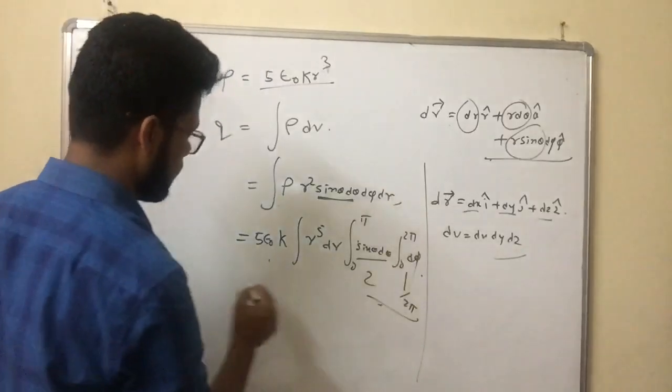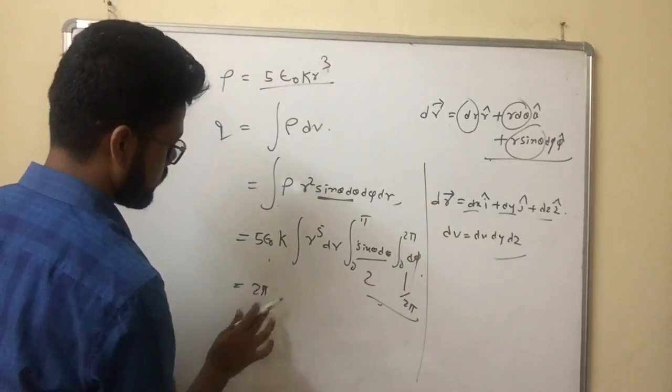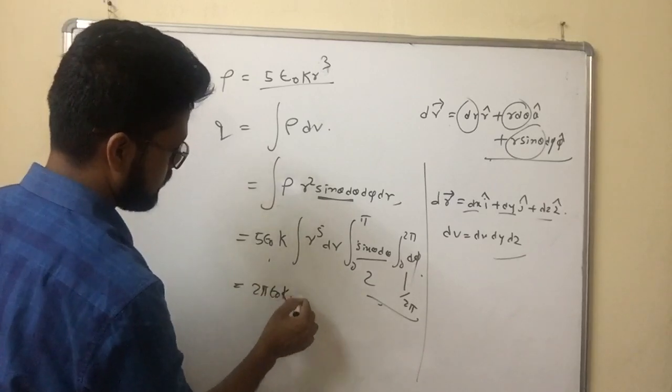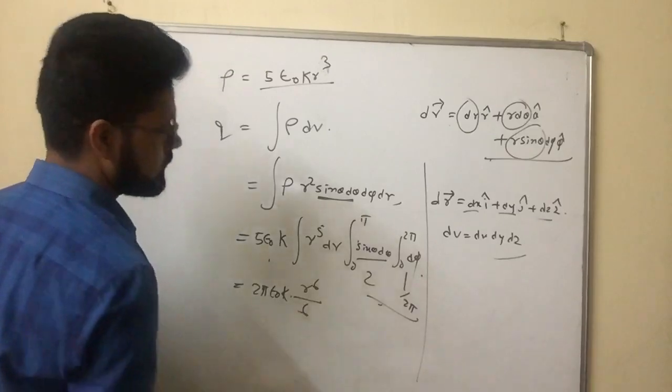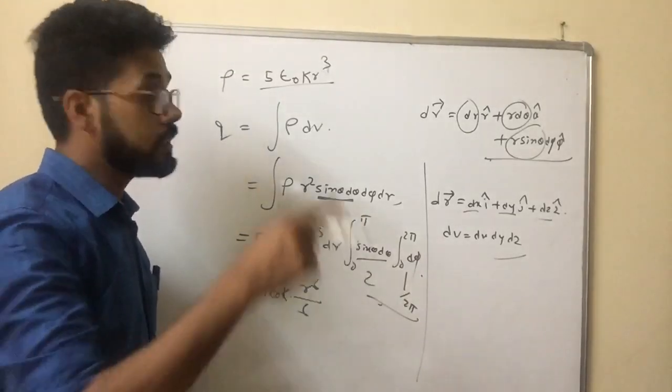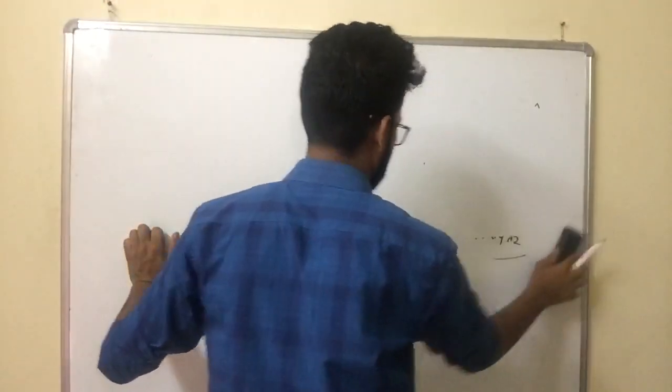So it will be 4 pi, so 20 pi epsilon naught k r^6 by 6. This is the answer. That is what you have to understand.